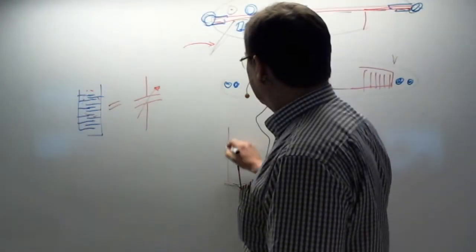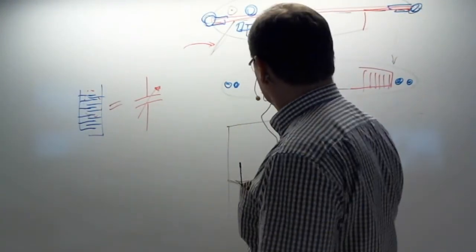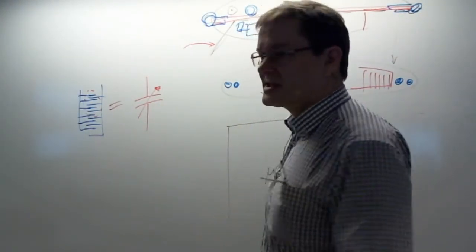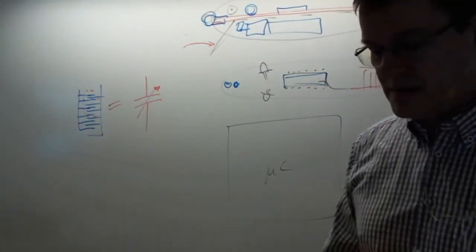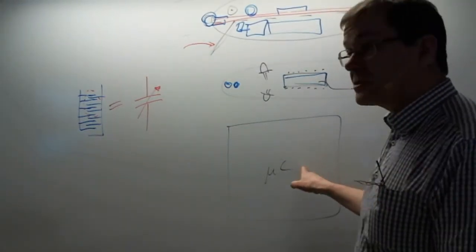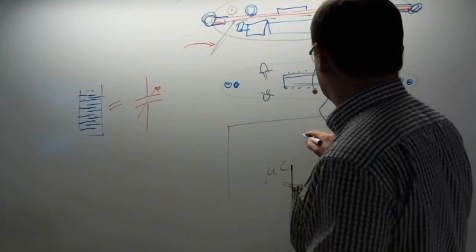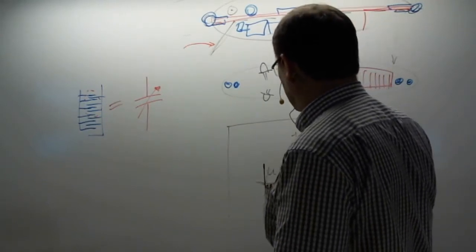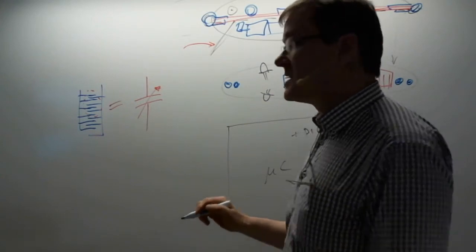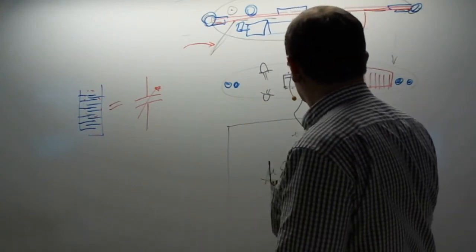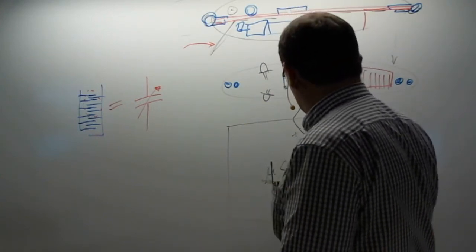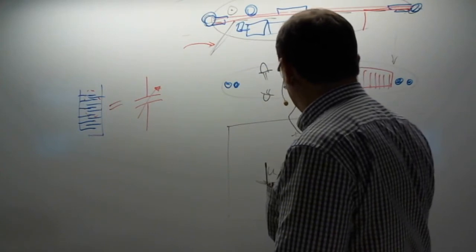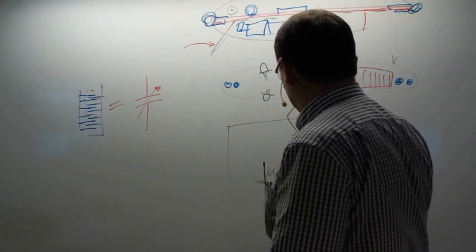The programmable system on chip consists of a microcontroller core plus digital programmable logic circuits, and it also has analog programmable circuits.